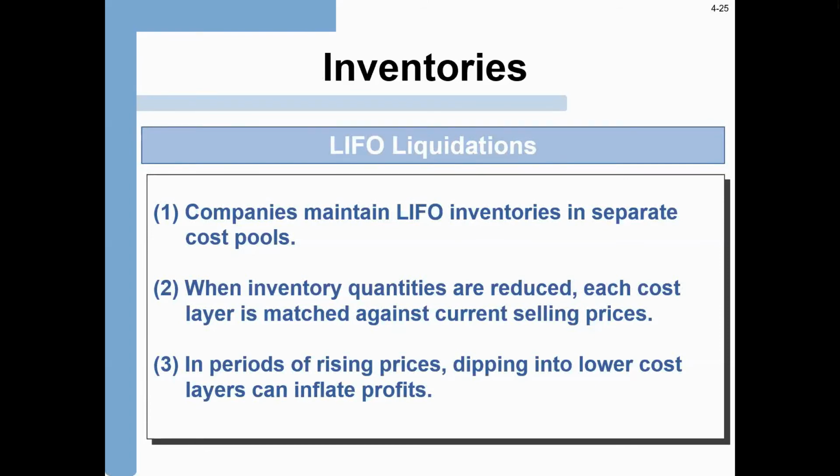When a reduction in the inventory occurs, as a company becomes leaner or downsizes, companies dip into earlier cost levels or layers to match against their current selling prices.